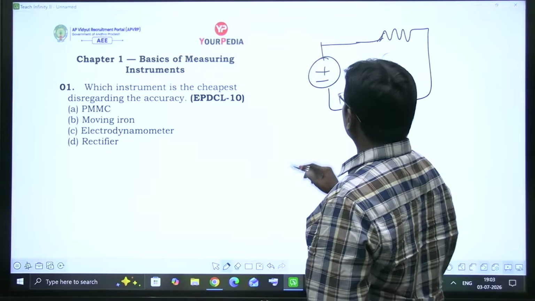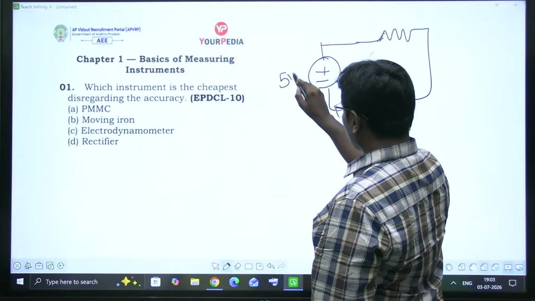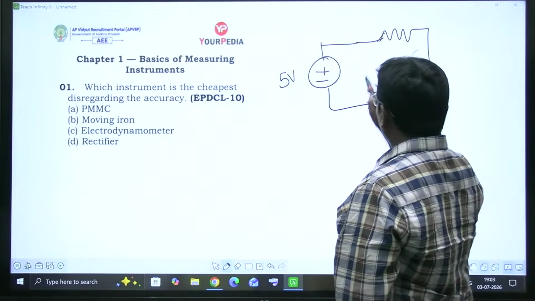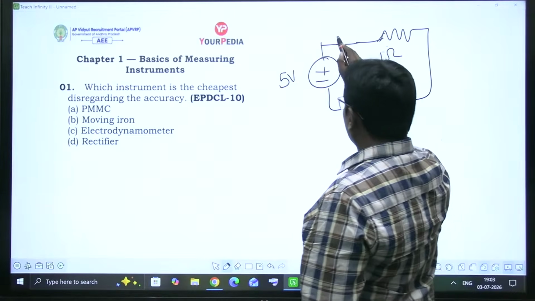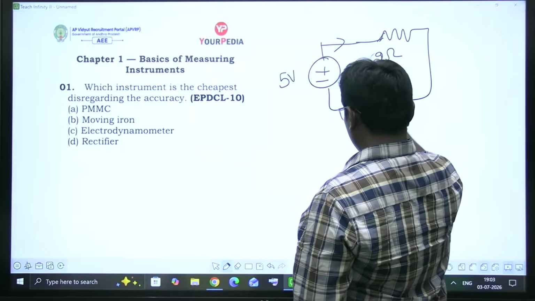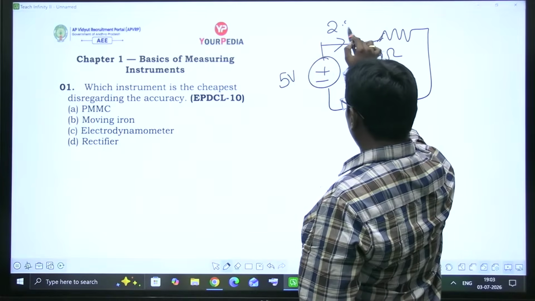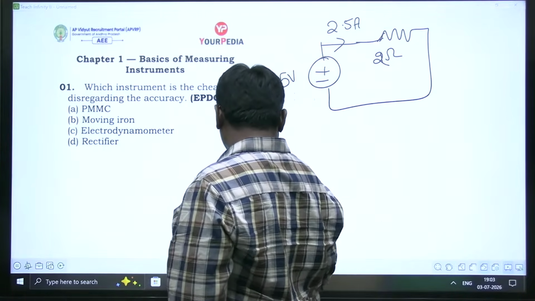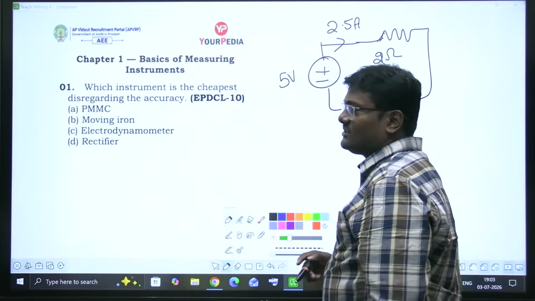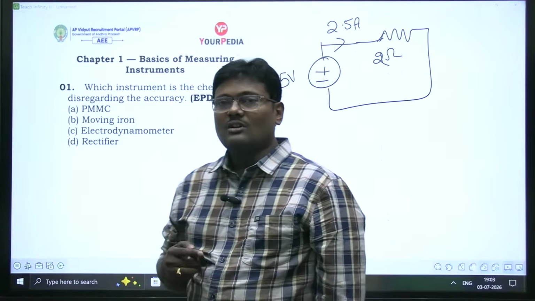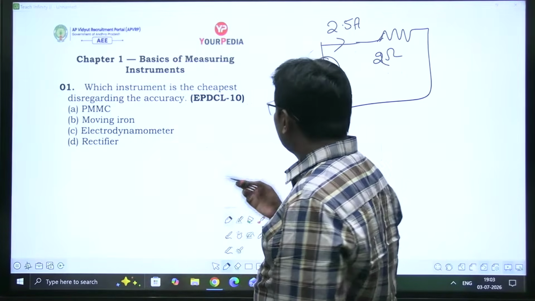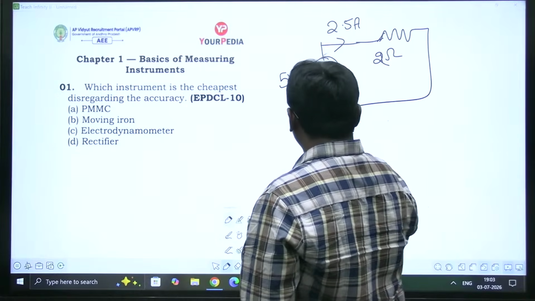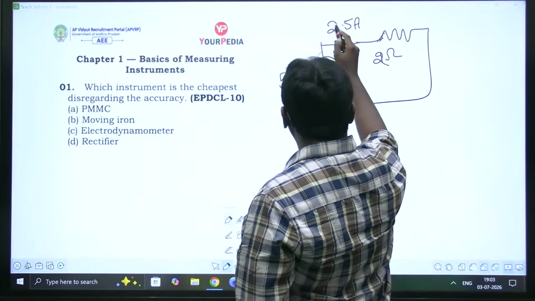Let us say I am applying 5 volts here, and this is 2 ohms. Now what is the current flowing? It is 2.5 amperes. This 2.5 amperes is a theoretical value, also called a standard value, or a known value.